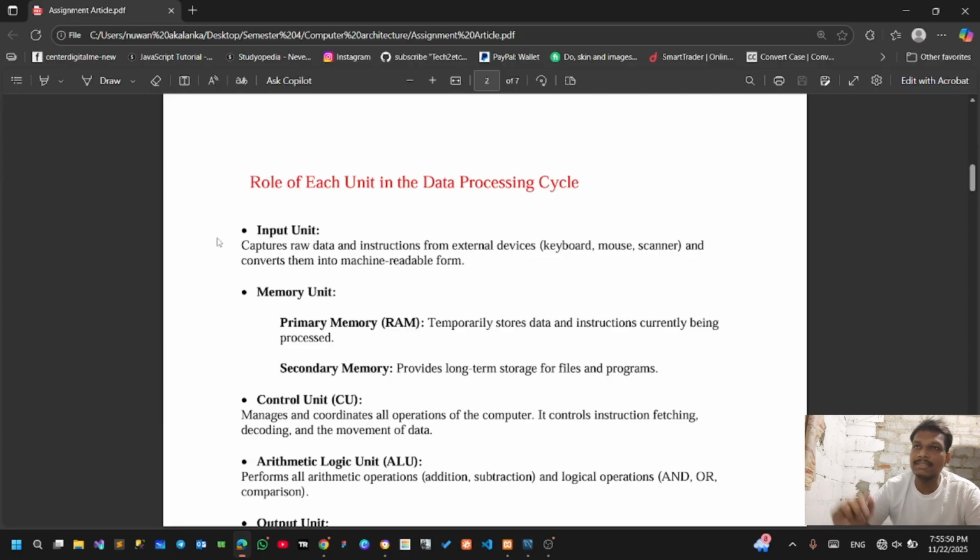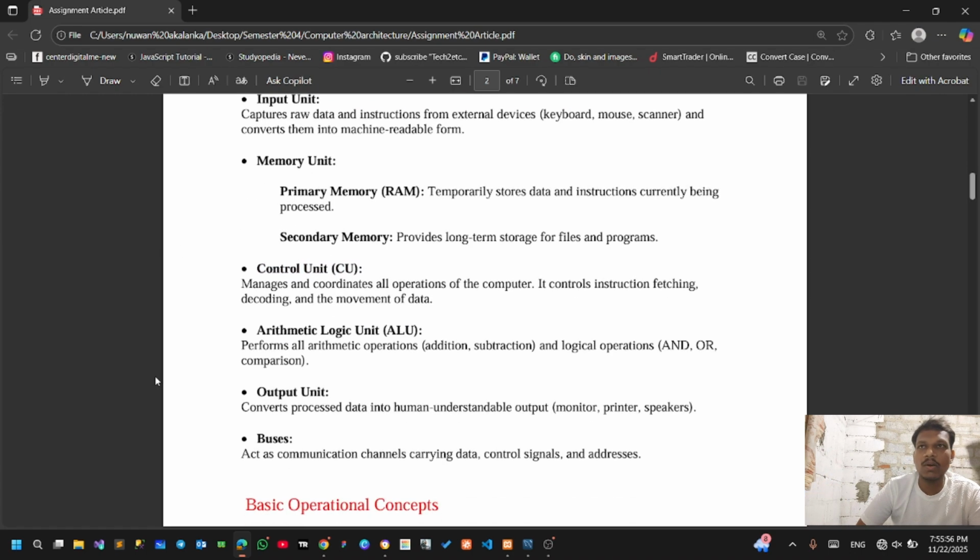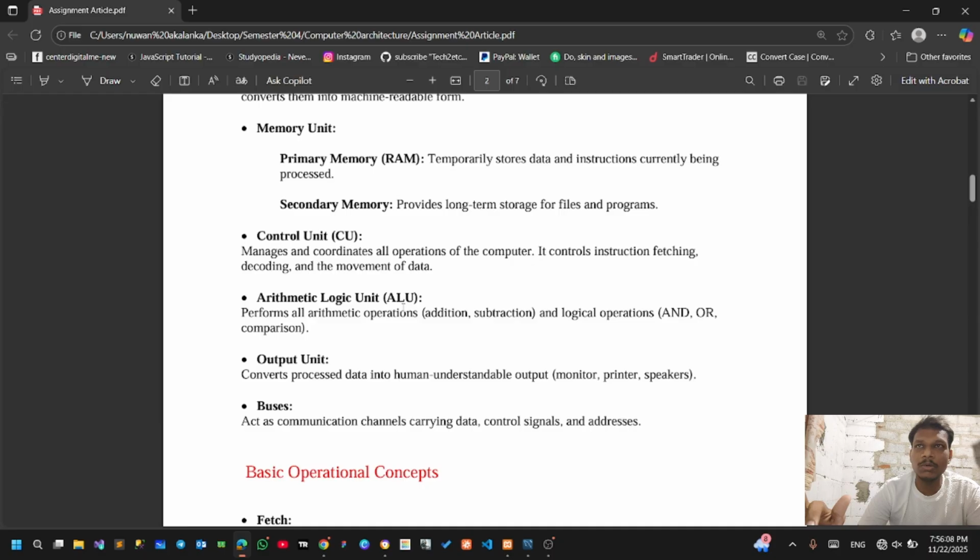And next, CU means control unit. It manages and coordinates all operations of the computer. It controls instruction fetching, decoding, and the movement of data. Next, ALU, the arithmetic logic unit.